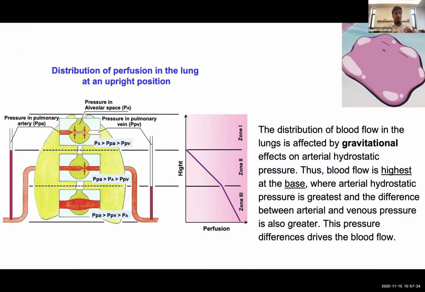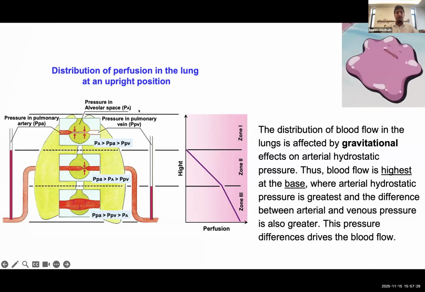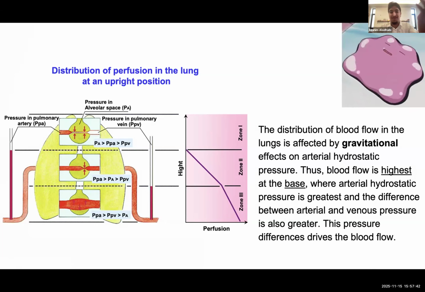This will drive a difference in the blood flow between the bottom of the lung and the top of the lung. So just remember that there is a gravitational effect, and we're going to talk more about perfusion and ventilation as we go on through the lectures. But keep in mind that the base of the lung is the most perfused.